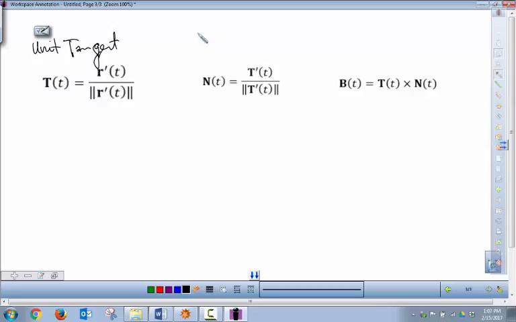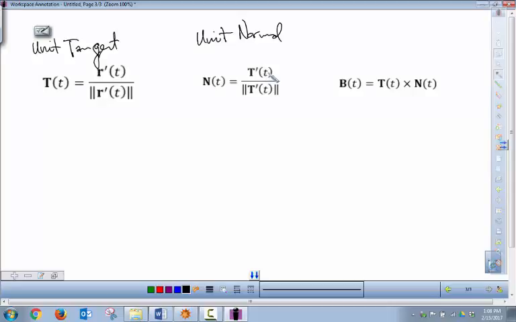The unit normal. This idea is a little bit trickier, and the idea behind this is that if you take the derivative of the unit tangent, you're going to get something that's going to be perpendicular to itself.